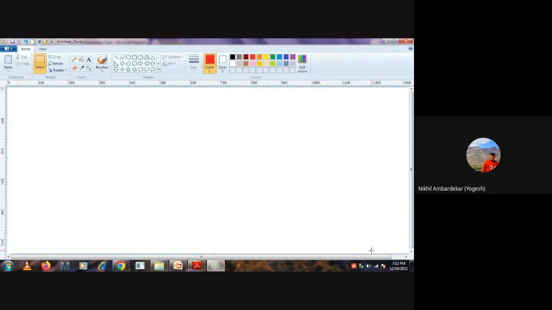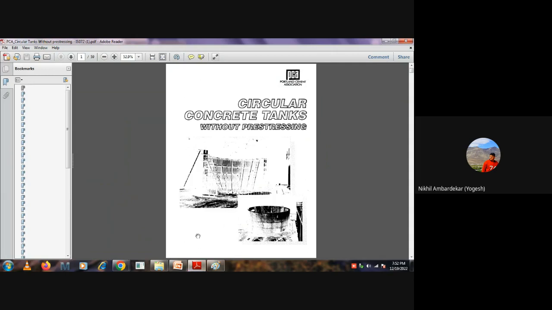Now I'm going back to the PCA table. Similar to the rectangular tank, we have a Portland Cement Association table for circular tanks also. The limitation of these PCA tables is that they consider only cast in situ.